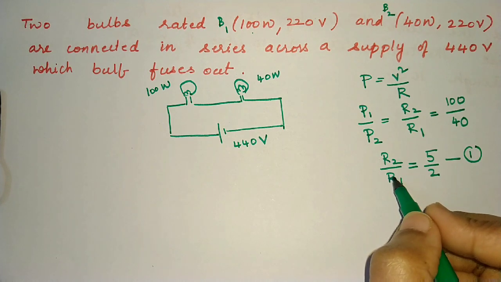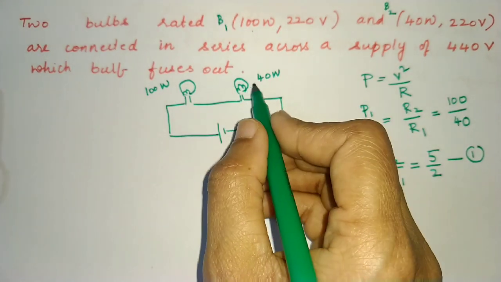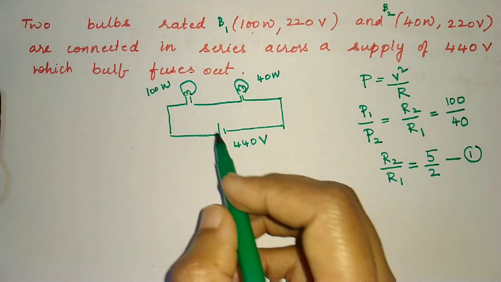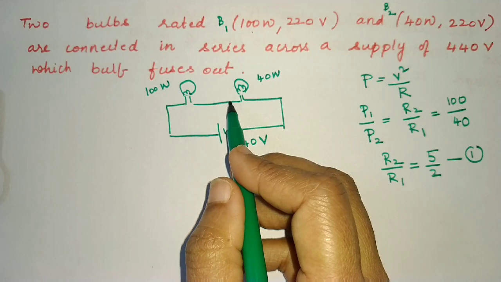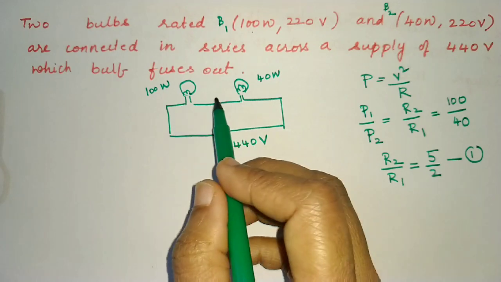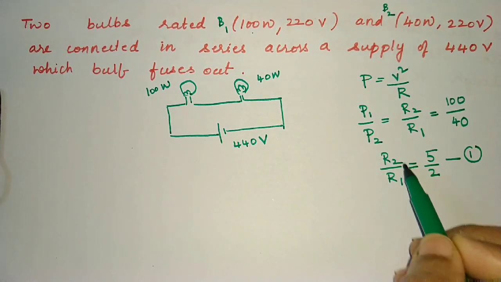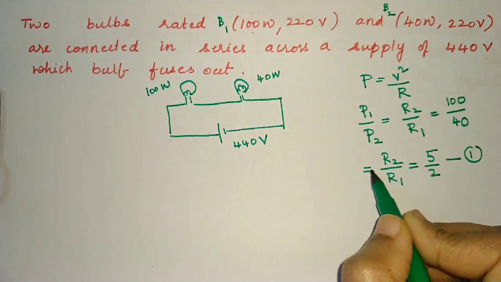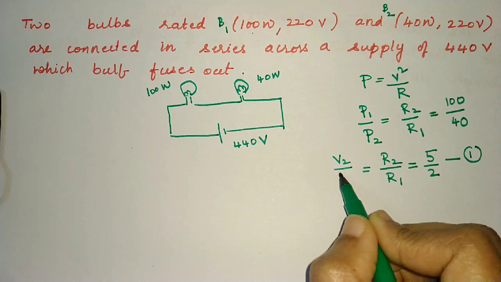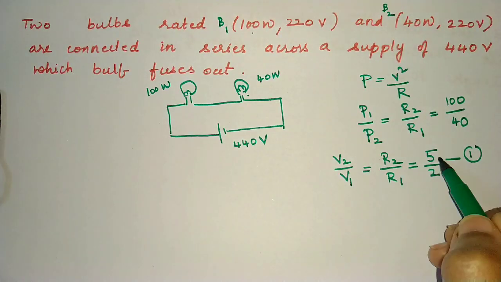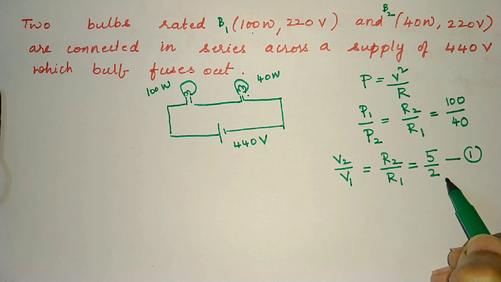And once you know the resistance, in series combination, we know V1 is to V2 is in the ratio of R1 is to R2. V is equal to I into R. Voltage distribution will be in the ratio of their resistances. So I can write V2 divided by V1, voltage across second bulb by voltage across first bulb, is in the ratio 5 is to 2.